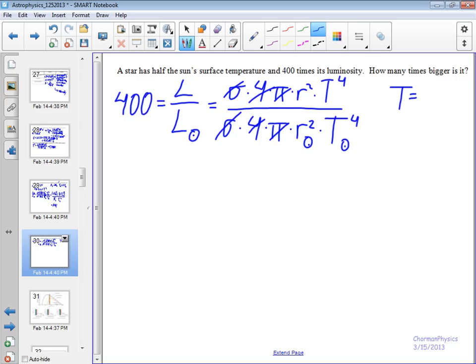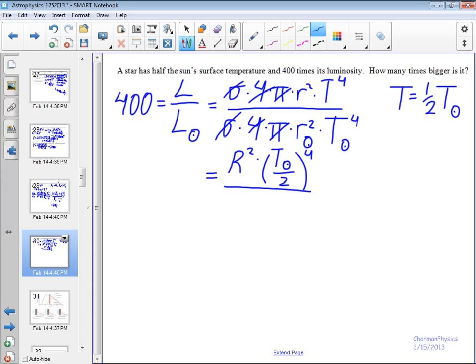And we know that its temperature, let's see here, it says it's half that of the sun's. Okay, so we can substitute that in there as well.